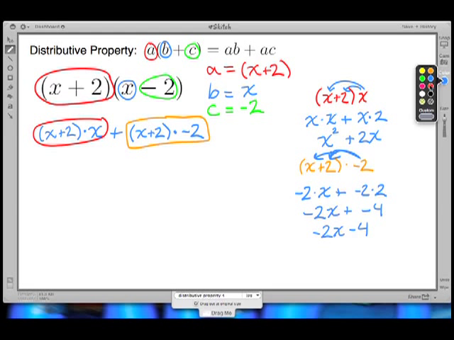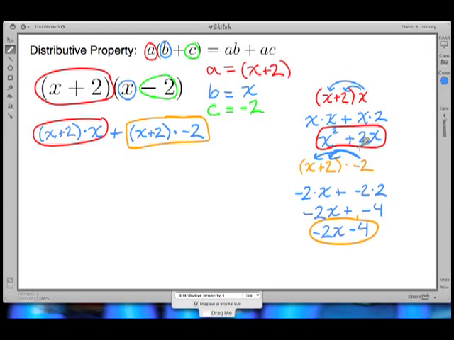Alright, so let's take a look at what we've done. Over here in red, we simplified this to be this. Over here in orange, we simplified that to be this. And we're adding them together.